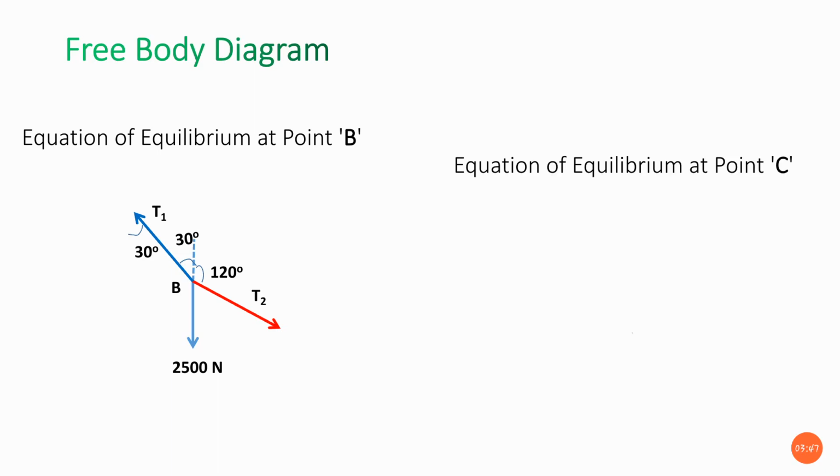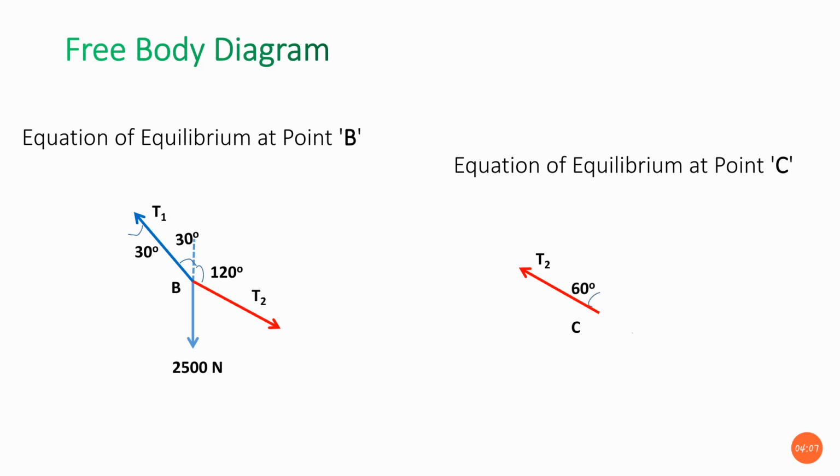In the next case I am going to take the equations of equilibrium at point C. In this case also three forces are there, with two unknowns. So first I consider point C. Next, the tension existing in the BC string is T2.